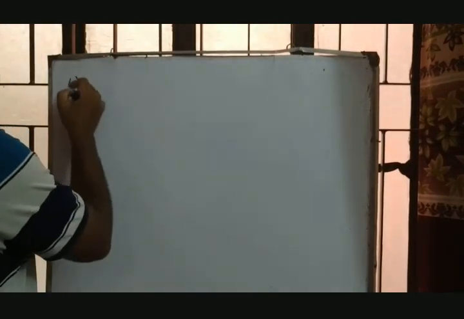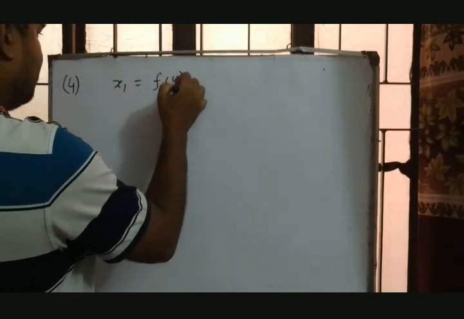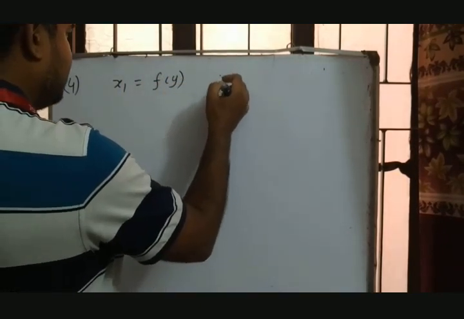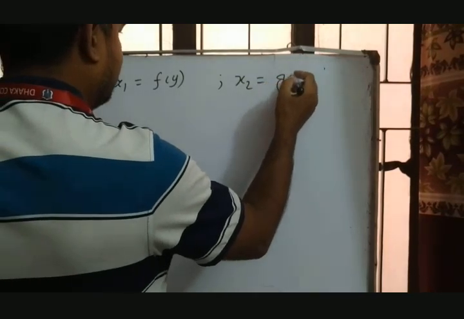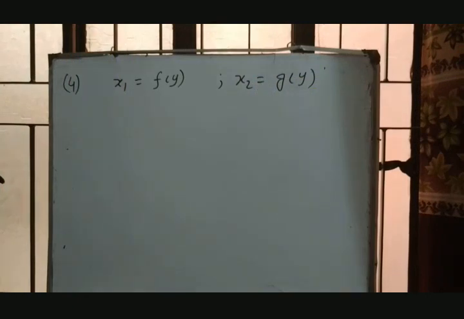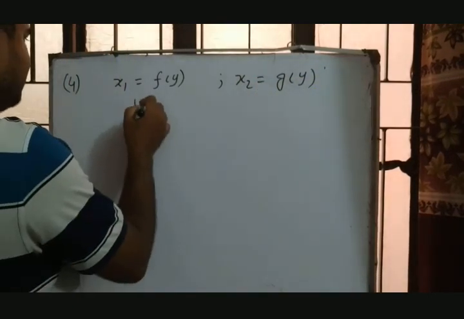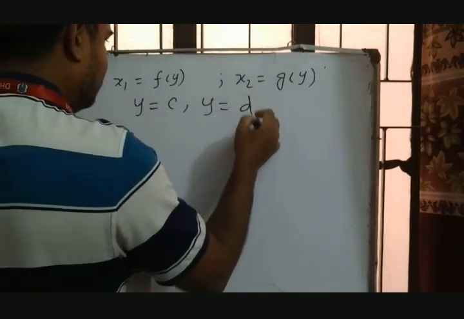And number 4, x1 is a function of y, x2 is a function of y, and the limit is y is equal to c and y is equal to d.